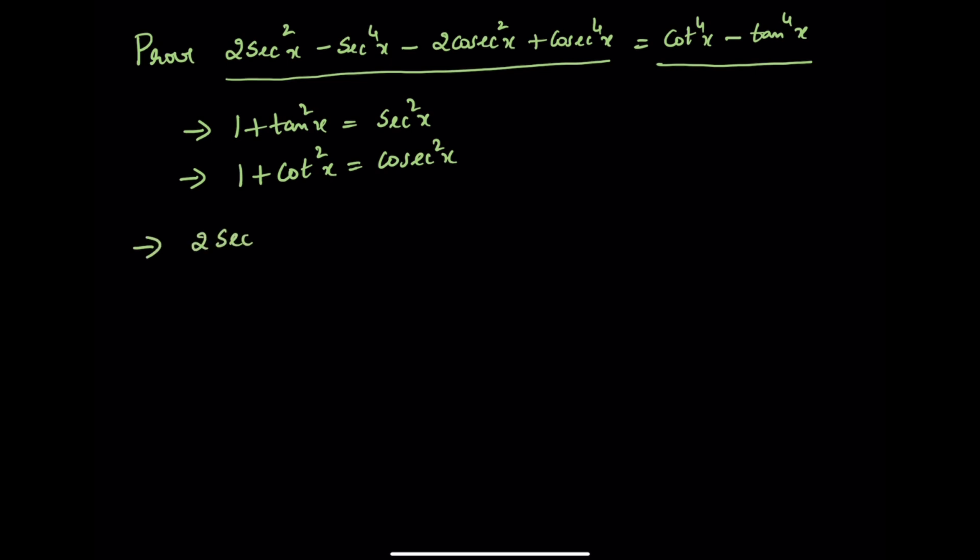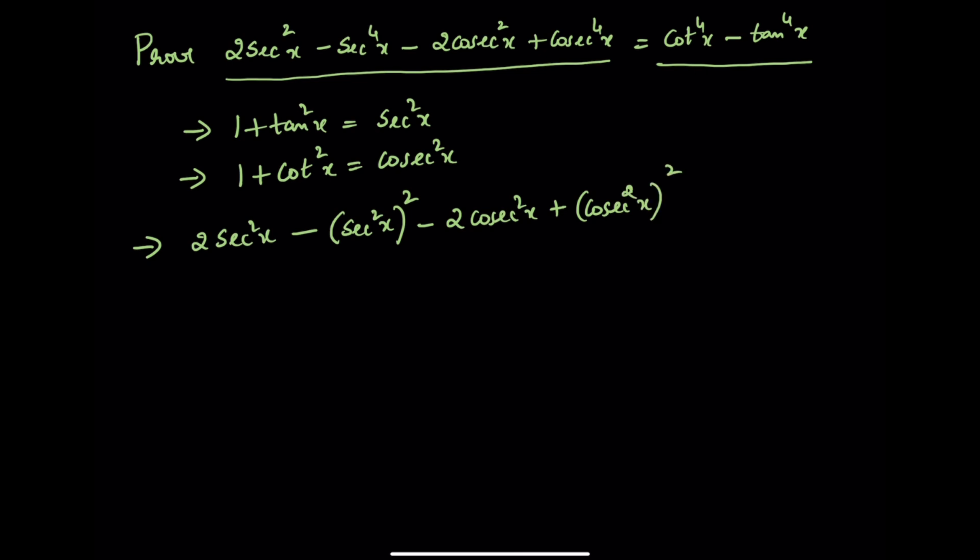So 2 secant square x minus, the secant to the power of 4x can be written as (secant square x) the whole square, minus 2 times cosecant square x plus cosecant to the power of 4x can be written as (cosecant square x) the whole square.